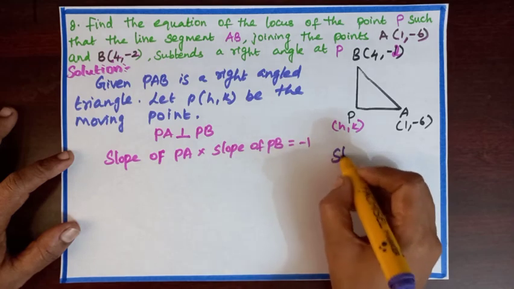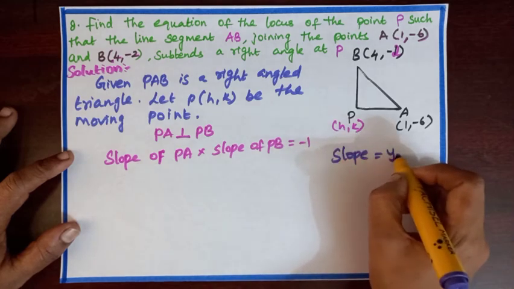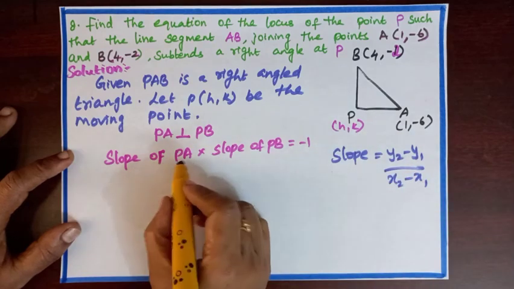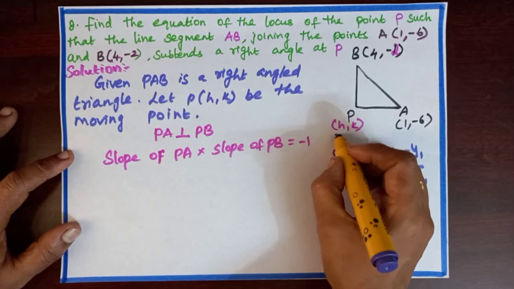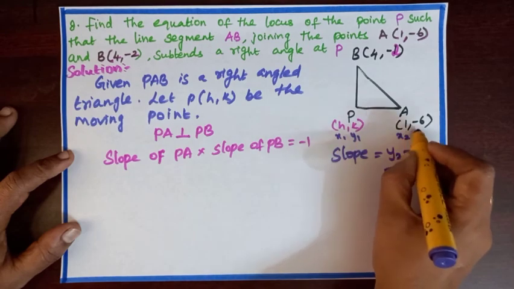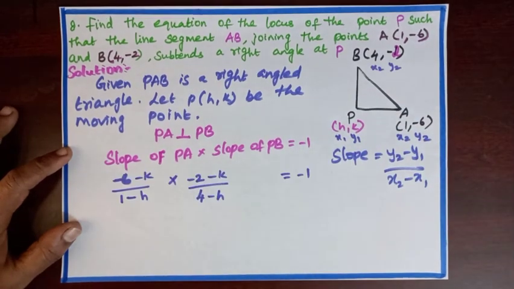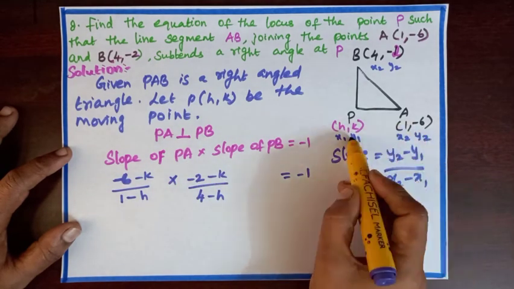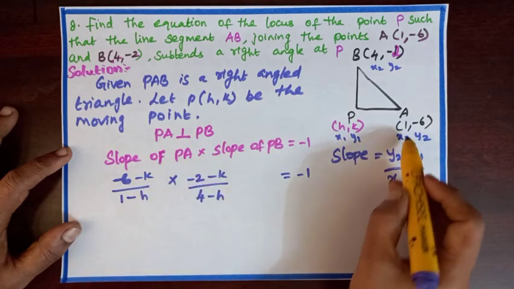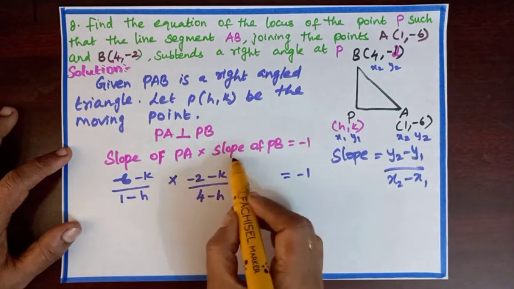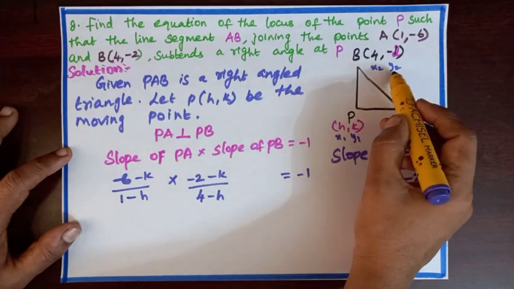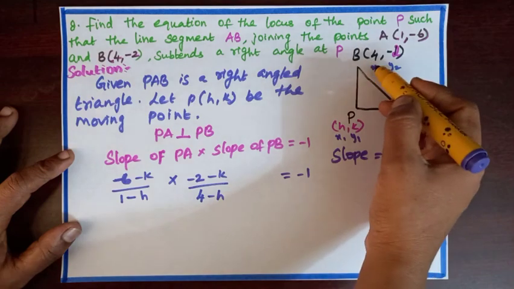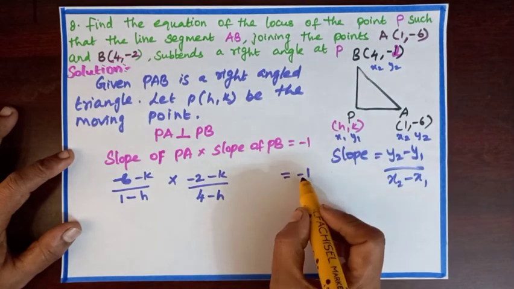We know the slope formula: slope equals (y2 - y1)/(x2 - x1). Slope of PA is (-6 - k)/(1 - h), times slope of PB, which is (-2 - k)/(4 - h), equals -1.